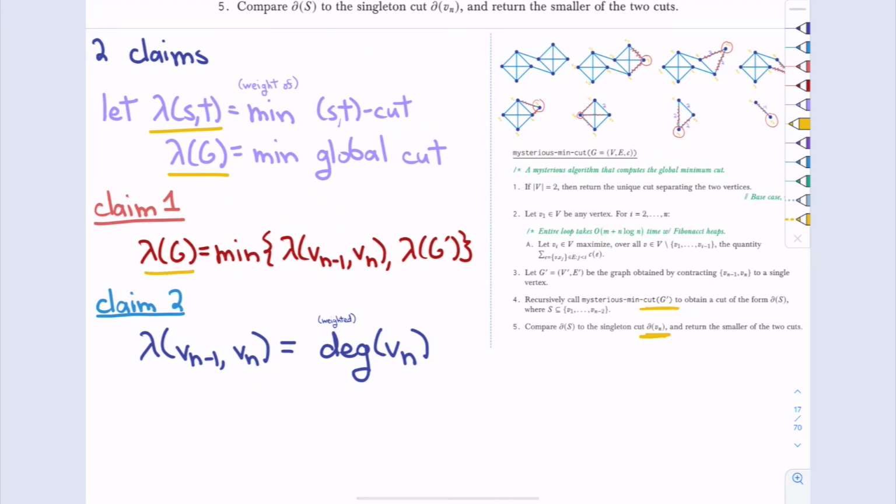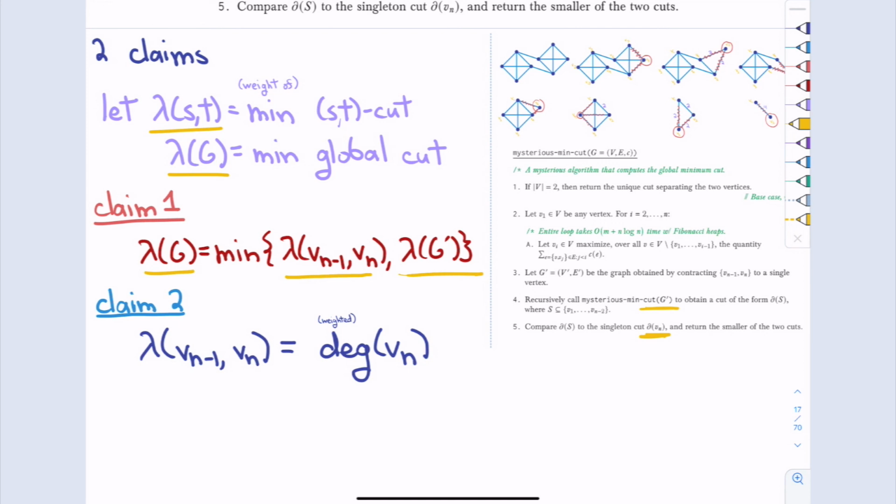The first claim is that lambda, the global minimum cut in the original graph, is either the minimum cut separating the last two vertices, lambda Vn minus 1 Vn, or a cut in the contracted graph. So either the minimum cut separates Vn minus 1 and Vn, or it'll be a minimum cut appearing in that recursive subgraph.